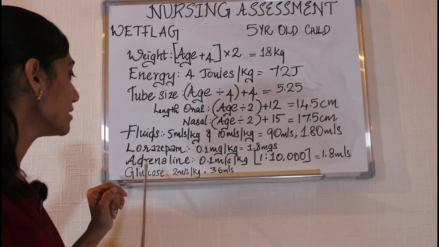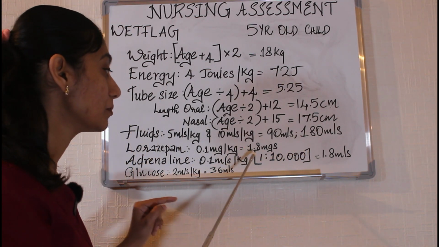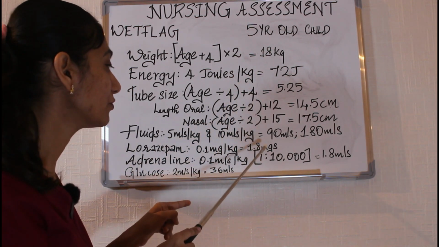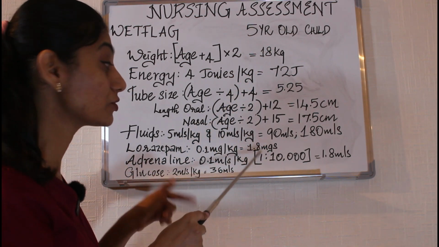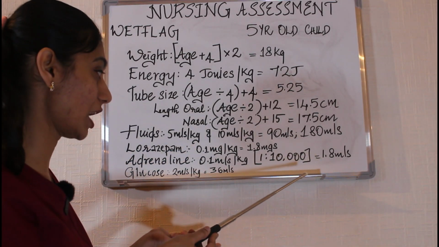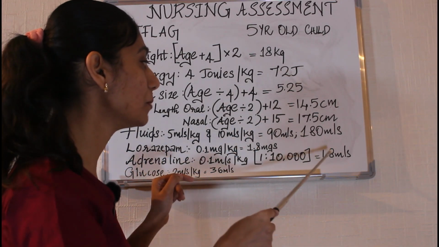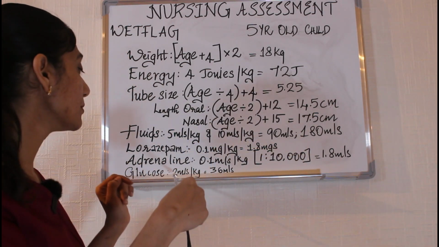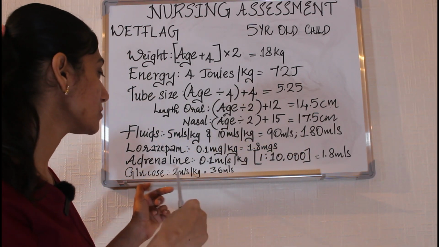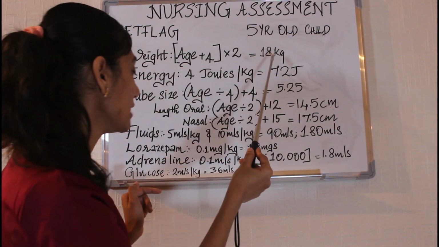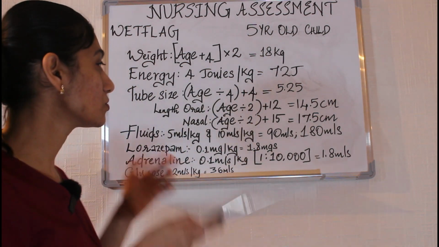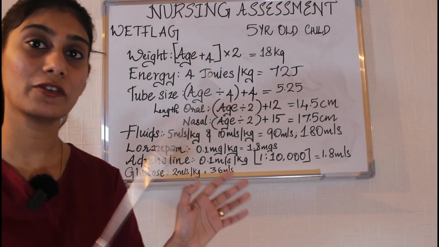And then adrenaline, 0.1 mils per kg of body weight, so we choose 1:10,000 strength adrenaline, and you will get 1.8 mL of this concentration. And then glucose, 2 mL per kg, so 2 times the body weight is 36 mL of 10% dextrose. So this is how we do WETFLAG.